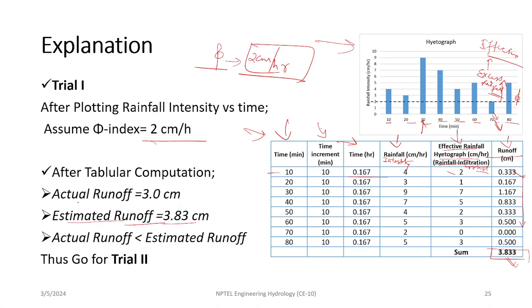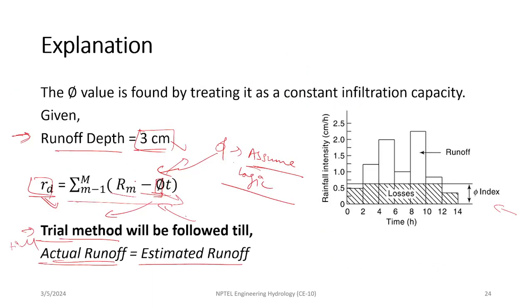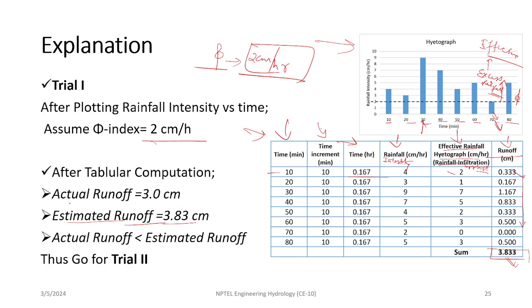Whatever data they have provided, the runoff from the catchment is 3 centimeter. So it is considered as the actual runoff, and whatever we are computing is the estimated runoff. Don't get confused with this. Now see, the actual runoff given in the question is less than the estimated runoff.